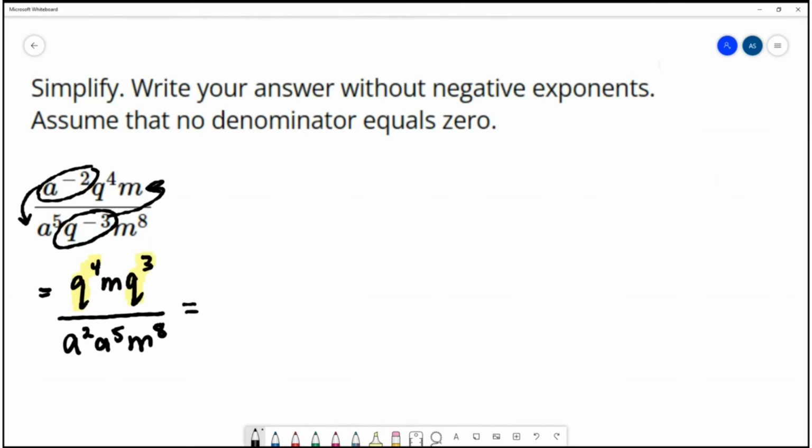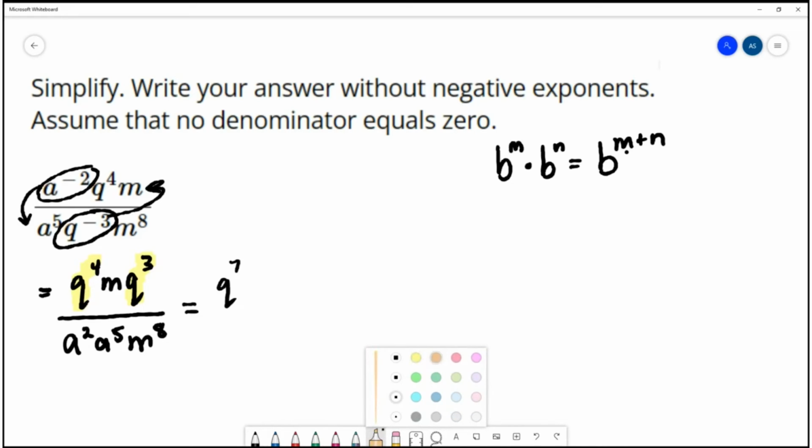The product rule says if you have a base to a power multiplied by the same base to a power, you can simplify by adding those powers together. So b to the m times b to the n equals b to the m plus n. So q to the 4th times q to the 3rd becomes q to the 7th.